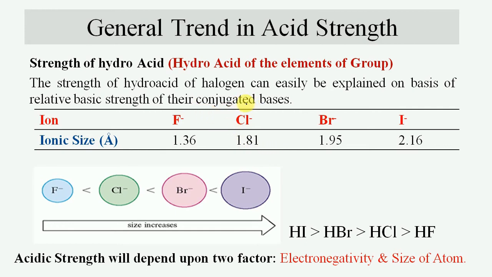The strength of the hydroacids of halogens can also be explained on the basis of the relative basic strength of their conjugate bases. An acid loses an H plus ion and forms the conjugate bases fluoride, chloride, bromide and iodide. These are the conjugate bases of hydrogen fluoride, hydrogen chloride, hydrogen bromide and hydrogen iodide.